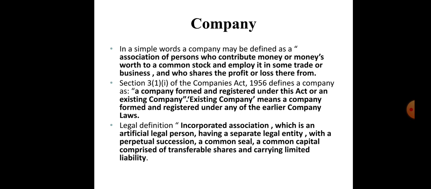So that company we call a perpetual entity, with succession, a common seal, and some capital, and an owner or entrepreneur to run it, maybe an appointed one or the founder, the owner of the business itself, who will be taking care of all these transactions.